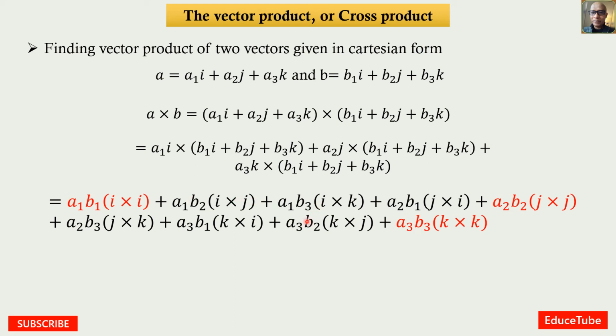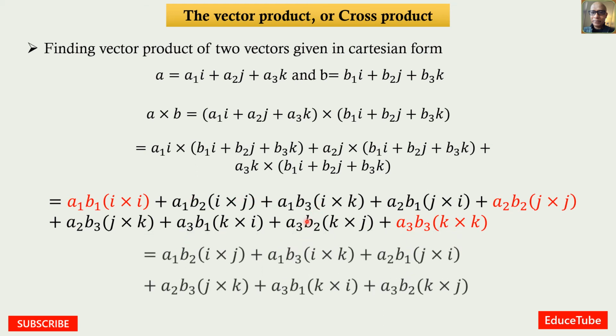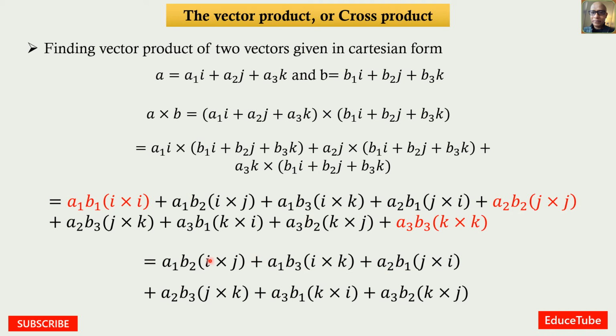So from all the remaining terms, we get this: i cross j, i cross k, j cross i, all these we got. In the next slides, we will see the value of these. Already in the previous slide we discussed i cross j. If it is j cross i, it will be minus. Let's see.